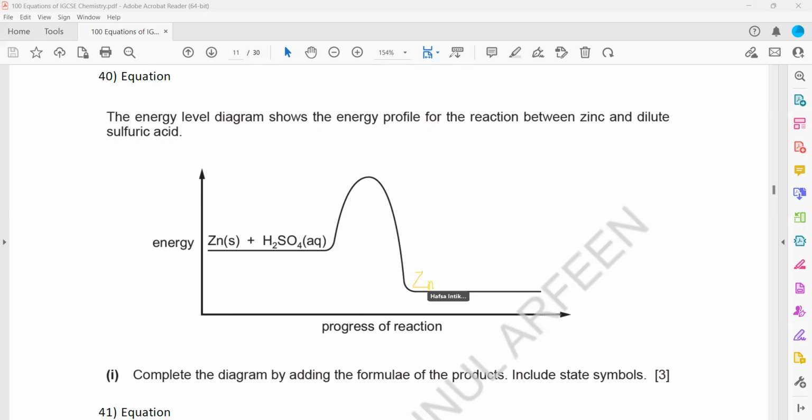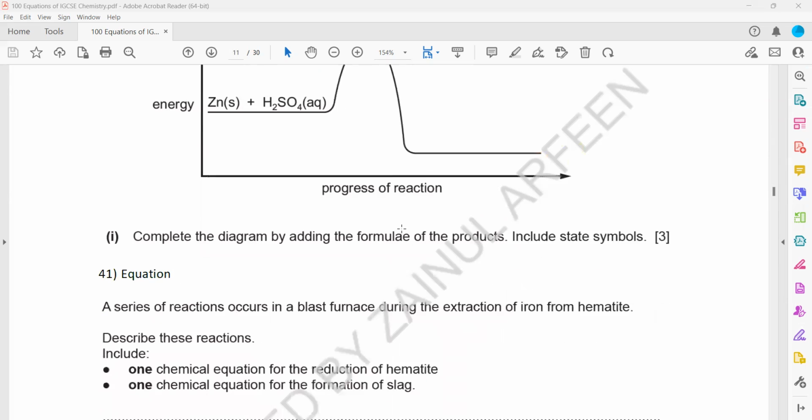The product will be zinc sulfate, aqueous, because most sulfates are soluble except barium, calcium, and lead, plus hydrogen as a gas. 1 mark is for the product, 1 mark is for zinc sulfate and hydrogen, and 1 mark is for the correct state symbols. So it will form zinc sulfate aqueous and hydrogen gas.